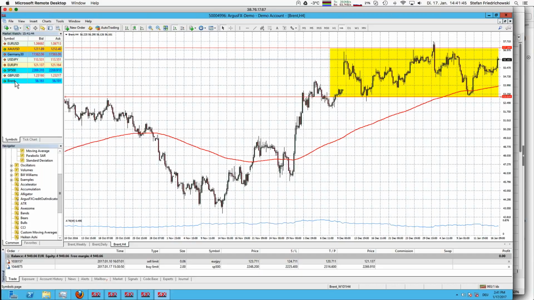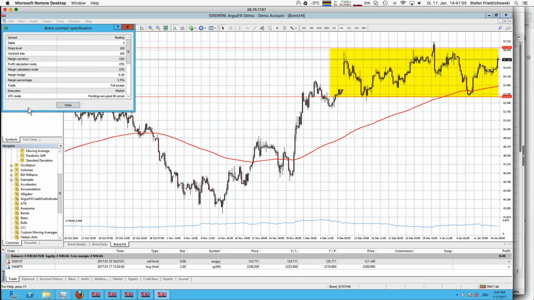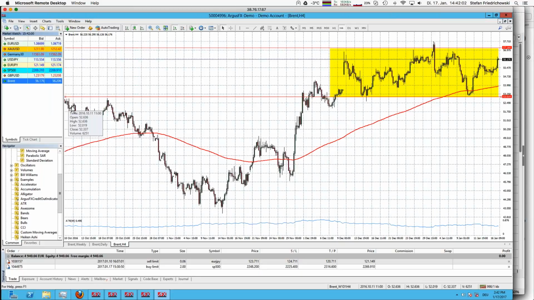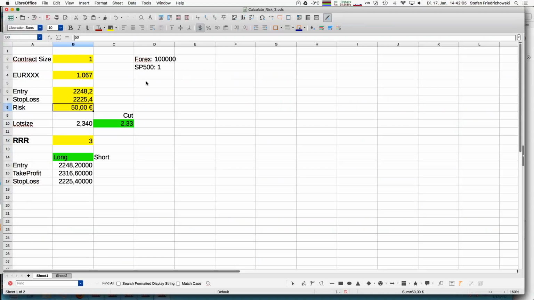And let's have a look at setting up the right contract value for our Excel sheet. For Brent, we have a contract size of 100, and then we can go to the Excel sheet. So Brent is 100, contract size 100.